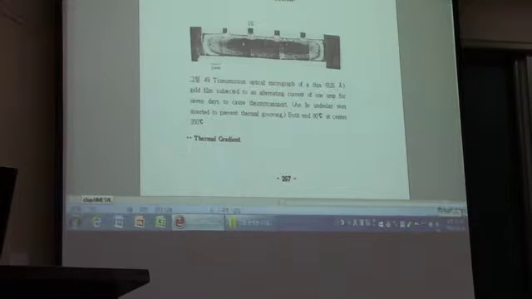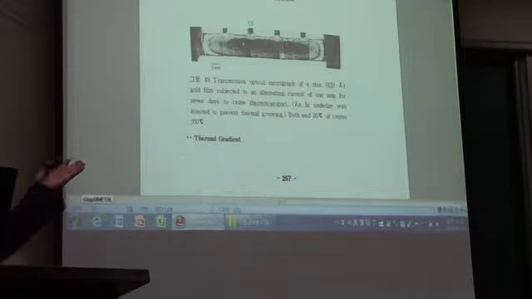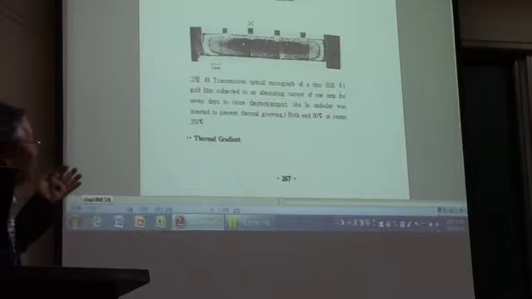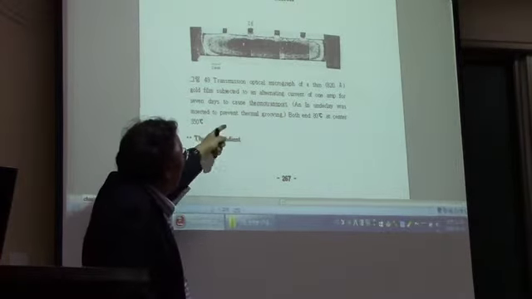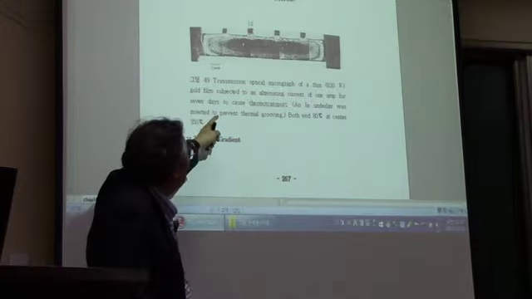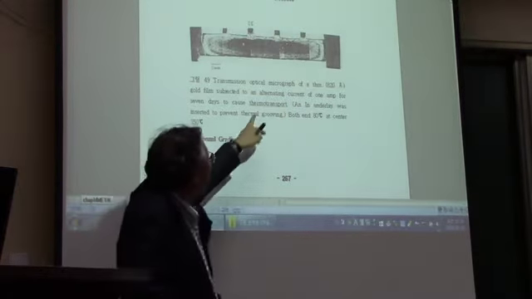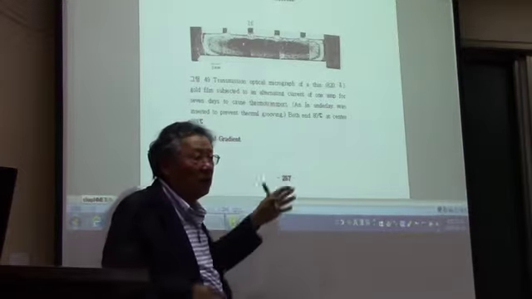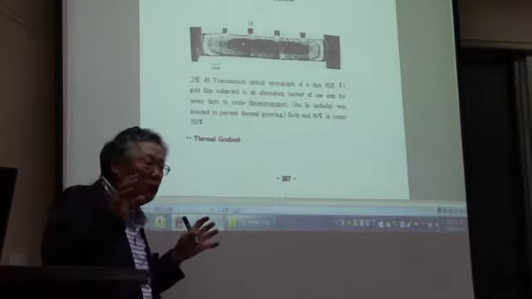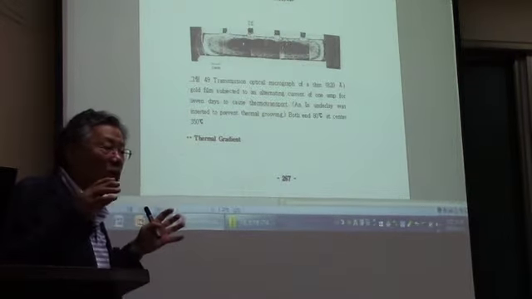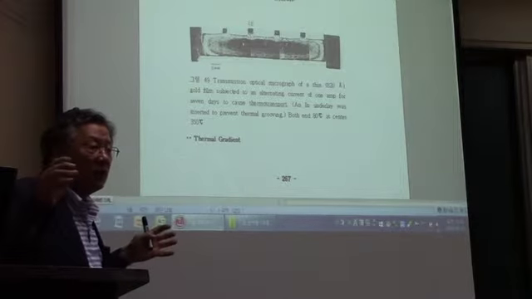Transmission optical microscope. It's just a normal optical microscope, okay? A thin gold film, and using alternating current, which means you are not going to force the ions to move in one direction.